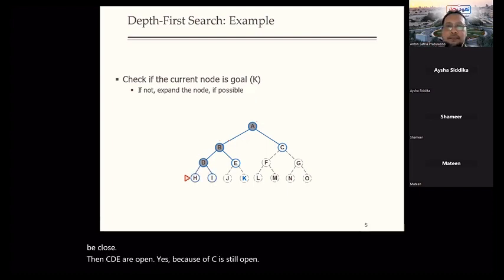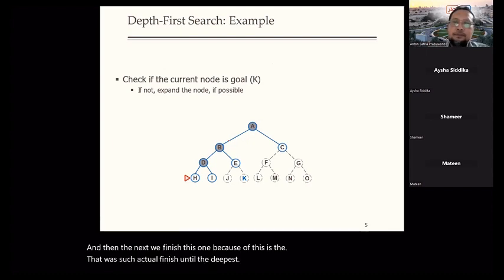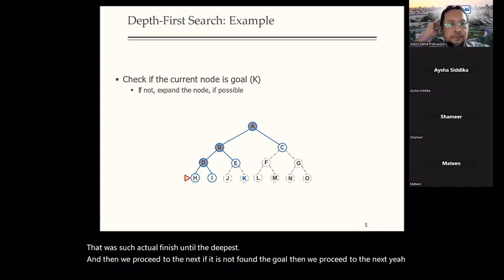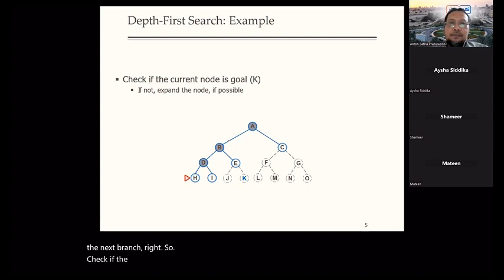And then the next, we finish this one because this is depth first search. We finish until the deepest, and then we proceed to the next. If the goal is not found, we proceed to the next branch. So check if the current node is the goal, K. If not, then we change to the other branch.